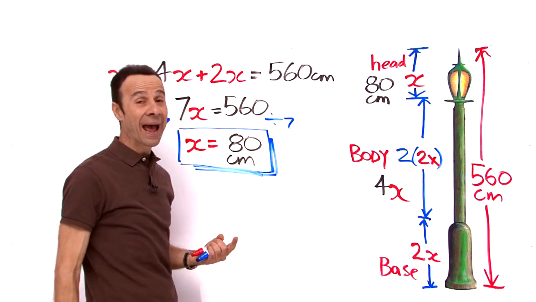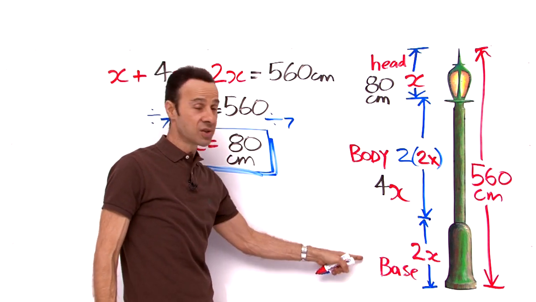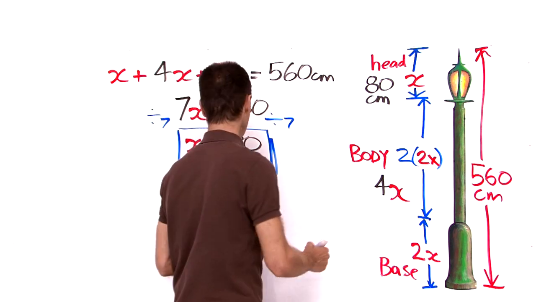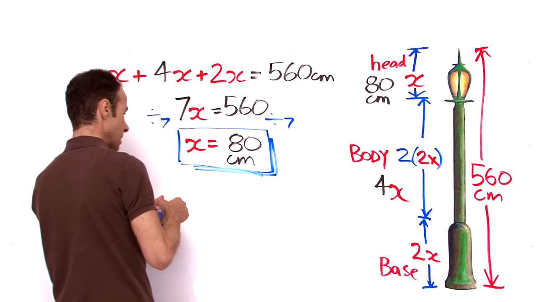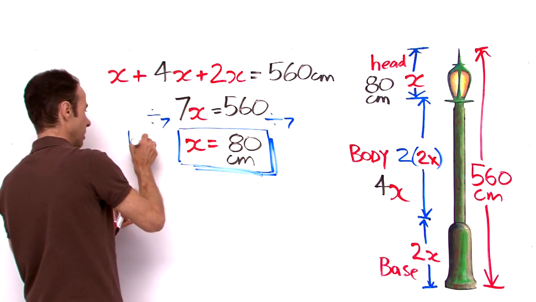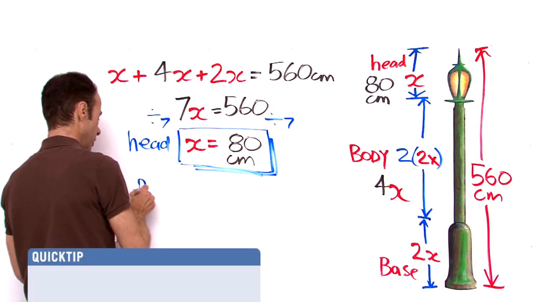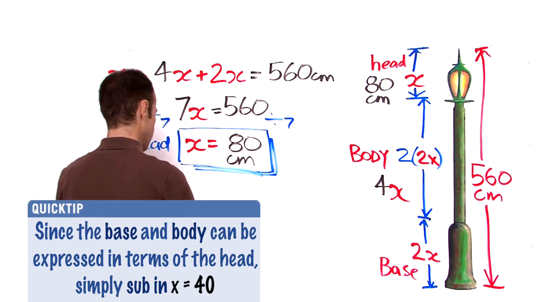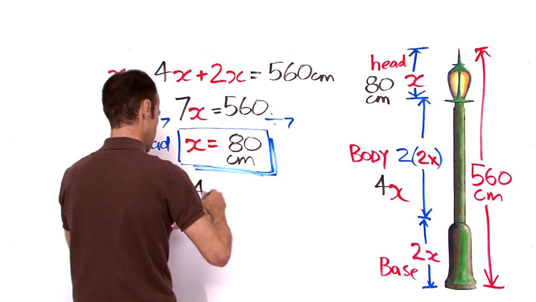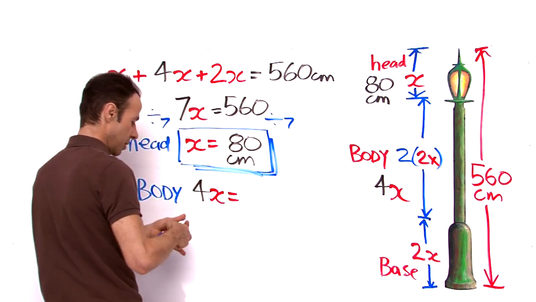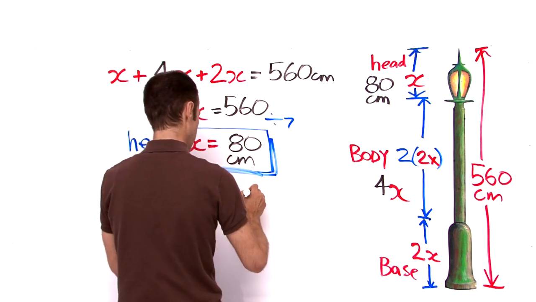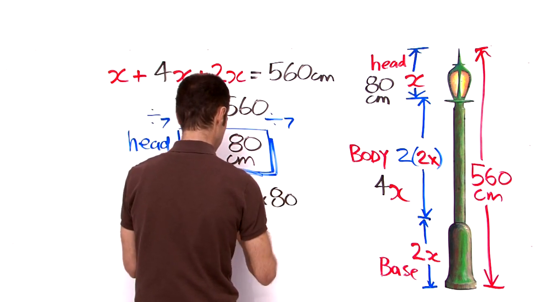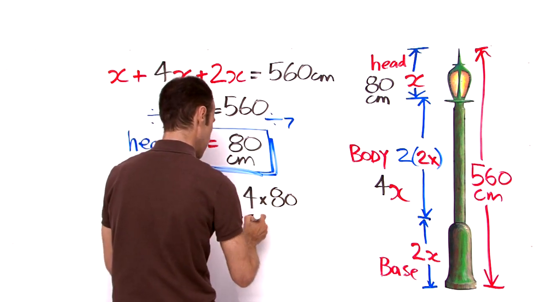Now it's a matter of taking that 80, or that x, and substituting into each section. So let's go to the middle section, the body. Now that's 4x. So the body equals 4x, and that equals 4 times 80.